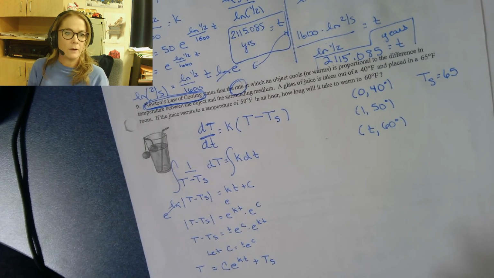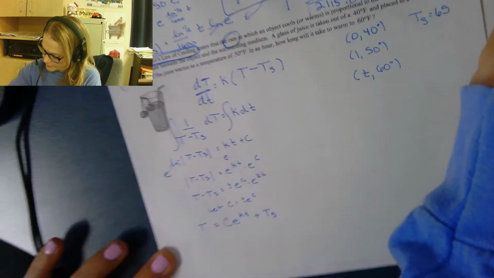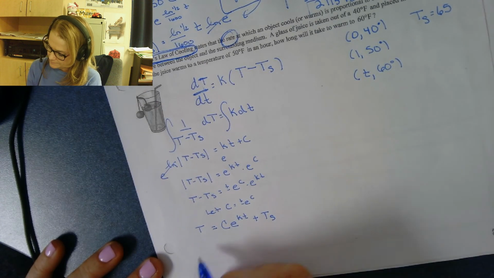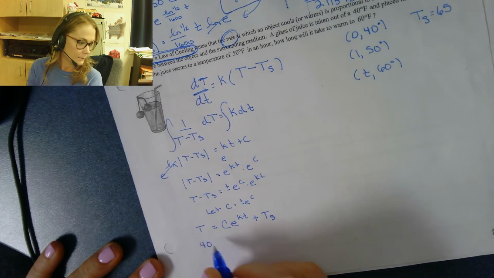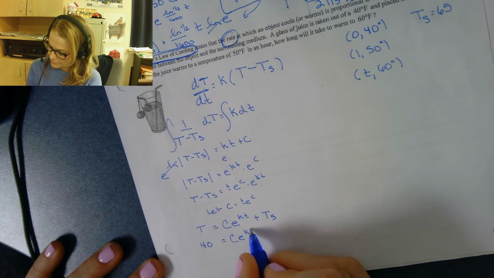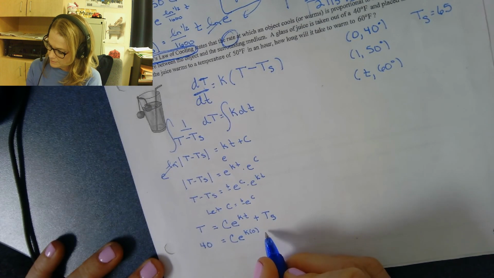All right, so let's solve for C with our initial condition. We're going to get 40 equals C e to the k times 0 plus 65.